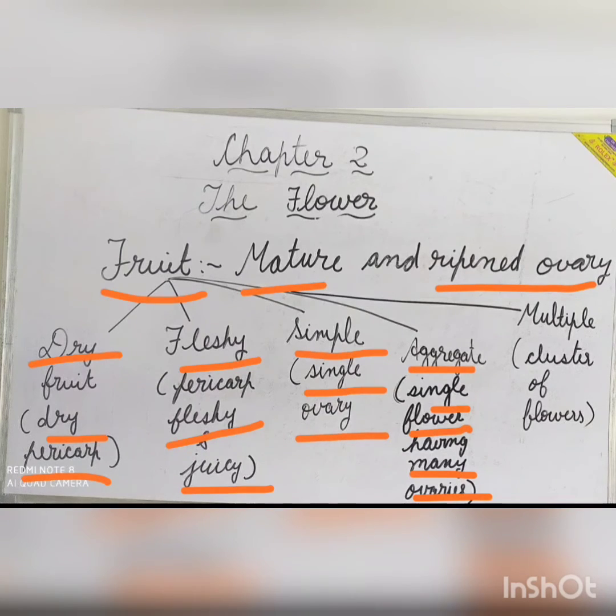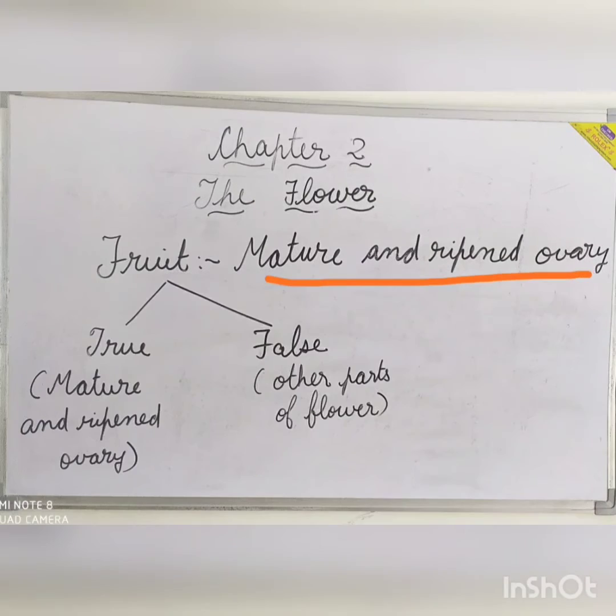Example, strawberry and blackberry. The multiple fruits develop from a cluster of flowers borne on a single structure. Example, pineapple and fig.